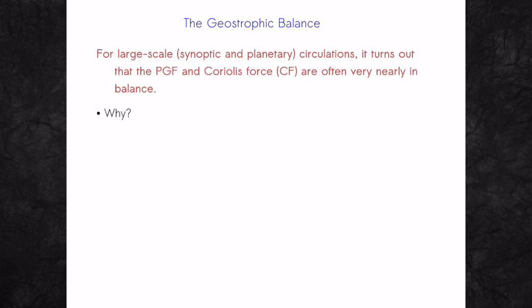Okay, so what's the deal? How do the pressure gradient and Coriolis forces interact at large scales? Well, large-scale flows have an interesting property. When you take measurements of synoptic and planetary scale flows, you typically find that the pressure gradient force and the Coriolis force are very nearly in balance.